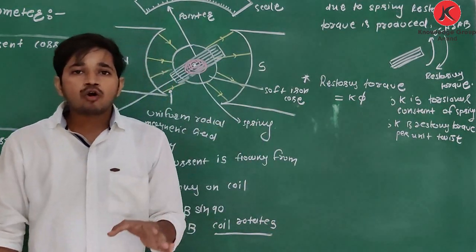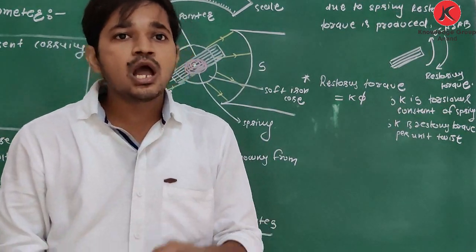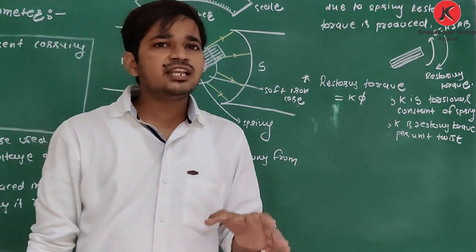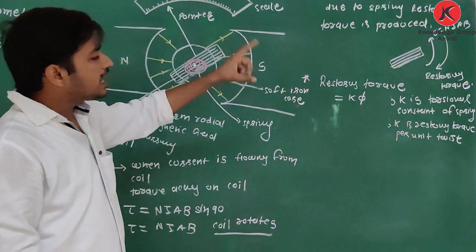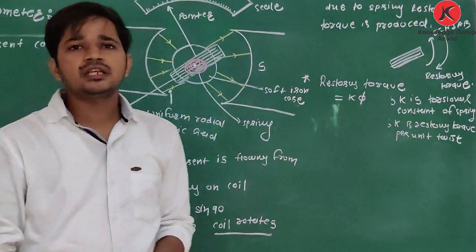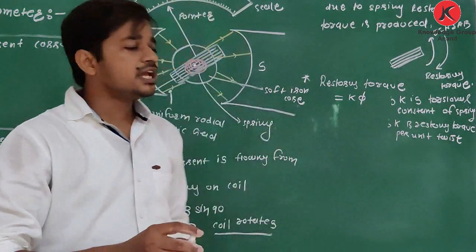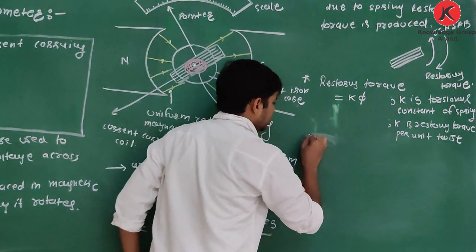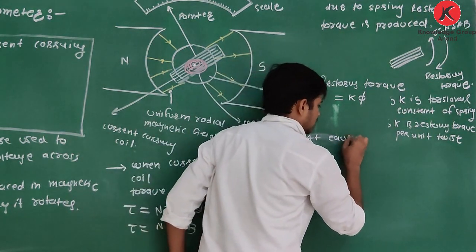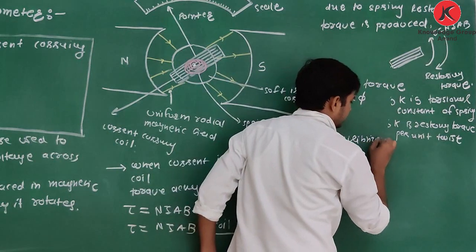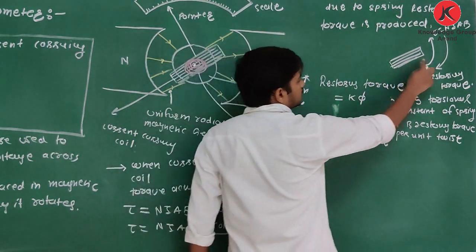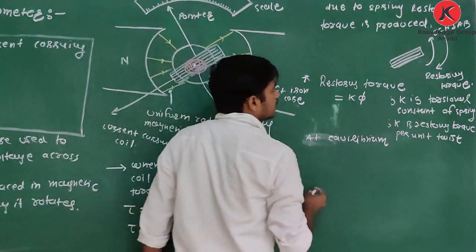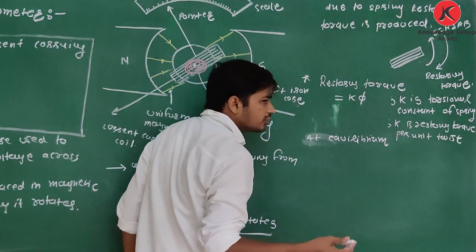So according to the value of current, the coil will be in equilibrium at the position when these two torques have equal magnitude. At equilibrium these two torques act in opposite directions, and if their magnitudes are equal, the resultant torque is 0.